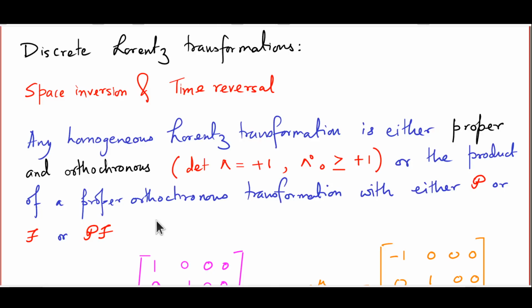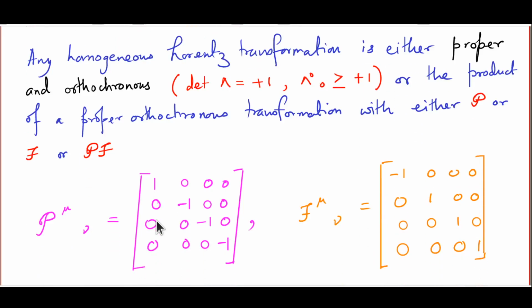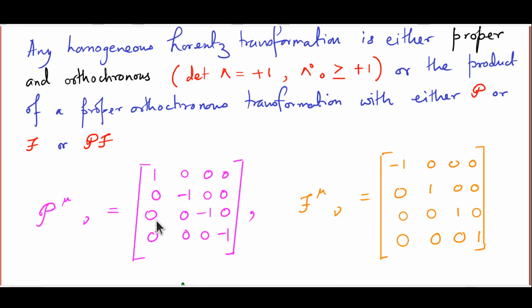Here curly P and curly T are the following two specific Lorentz transformations. The elements of curly P are the following: 1, 0, 0, 0, which essentially tells you that the time does not change under space inversion.